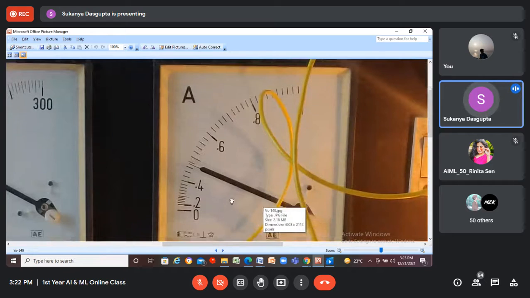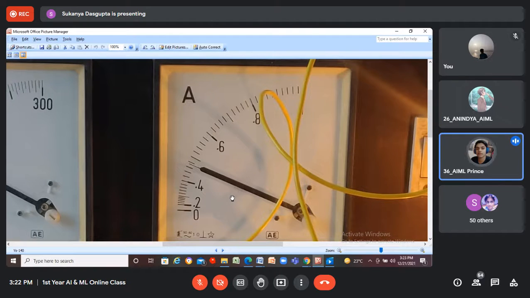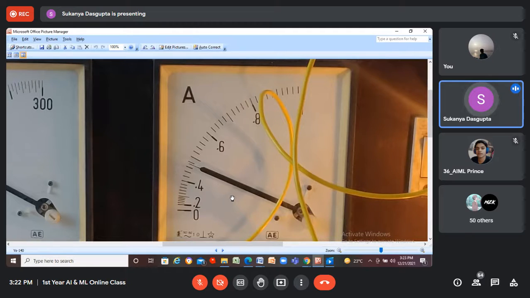Next, the standard ammeter reading. 0.47. 0.47 or in between 0.47 and 0.48? 0.475. Right. Okay. Actually, it is at 0.47. If you look from the top, you will see exactly 0.47.